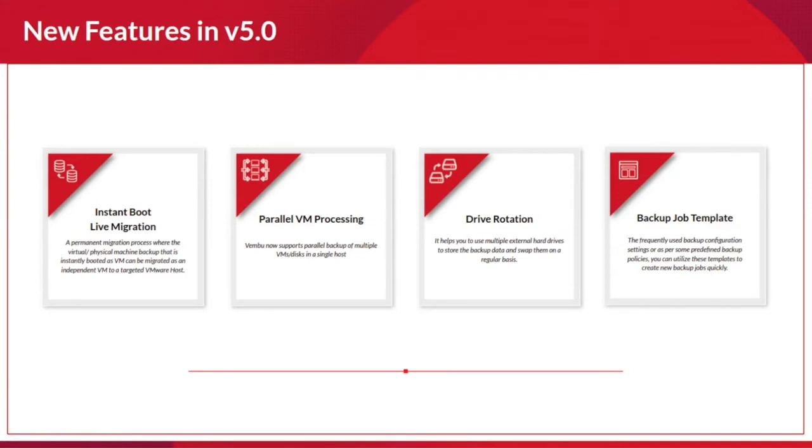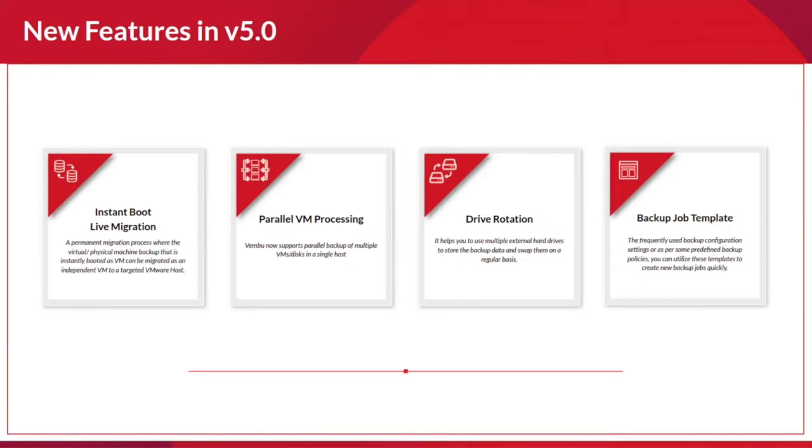And the second is parallel VM processing. Now we are bringing in settings to configure parallel VM processing. Previously, in earlier versions of Vembu, only backup jobs could run in parallel, but the entities inside a backup job were processed one by one. For example, if you create a backup job with 10 VMs, after completing the backup of the first virtual machine or first disk, it would start the backup of the second.